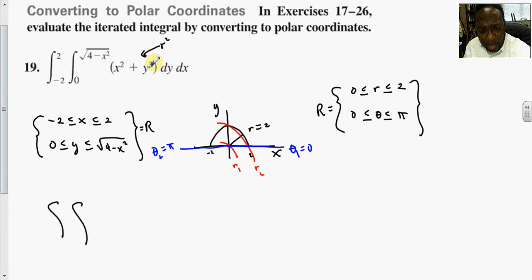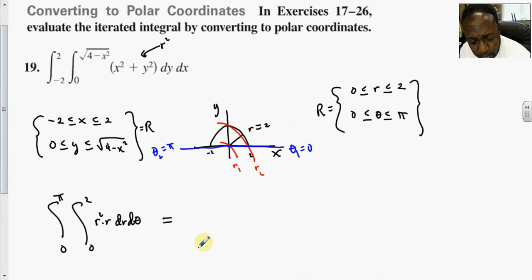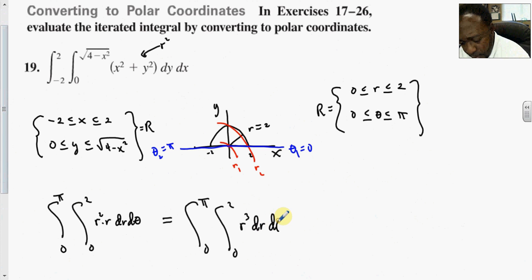The x squared plus y squared is r squared times the factor of r, you remember, and then we have dr d theta, where r goes from 0 to 2, and theta goes from 0 to pi. So this is the integral from 0 to pi, the integral from 0 to 2 of r to the third dr d theta.